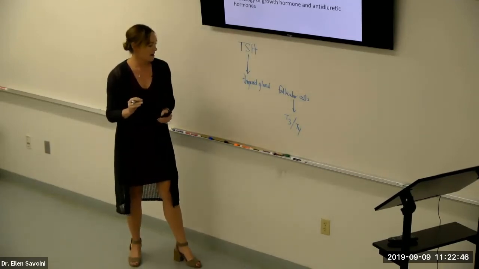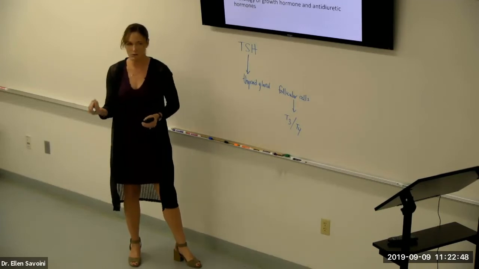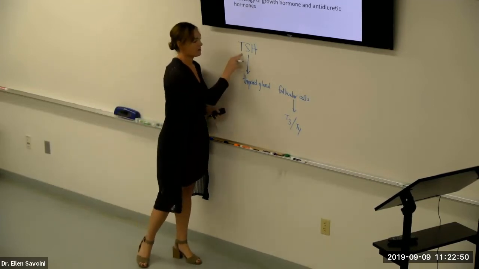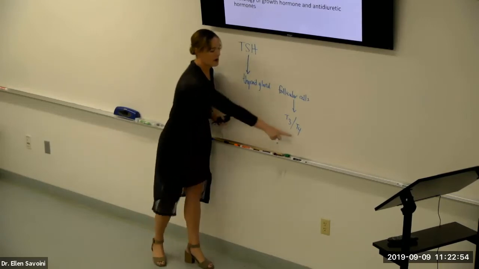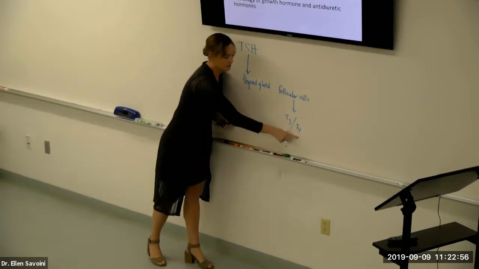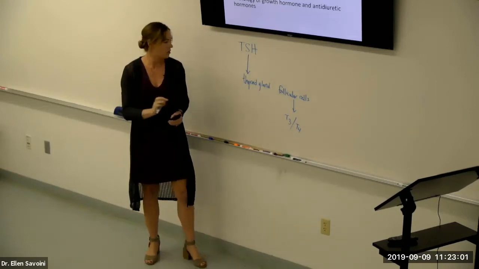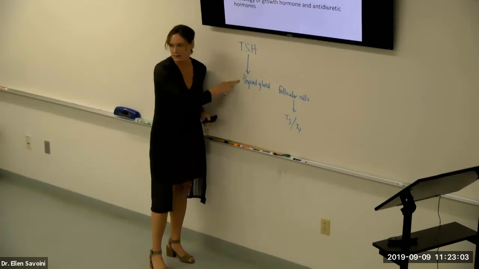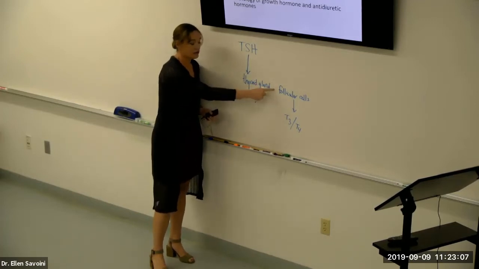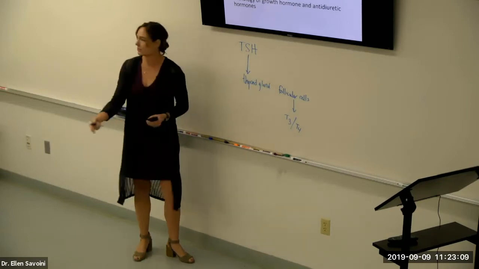I want to point this out. For the purpose of our test, if I were to ask what is the effect of thyroid stimulating hormone, it is not to release T3, T4. Ultimately, that happens in the scheme of things. But for any hormone, I just want to know what the next stop is. So its job is to tell the thyroid, to tell the follicular cells in particular, to release T3, T4.